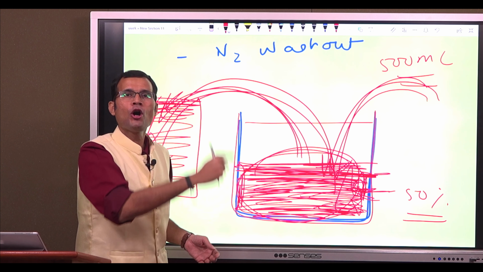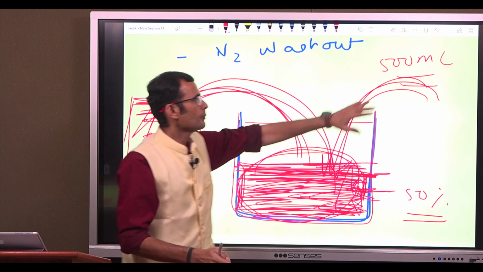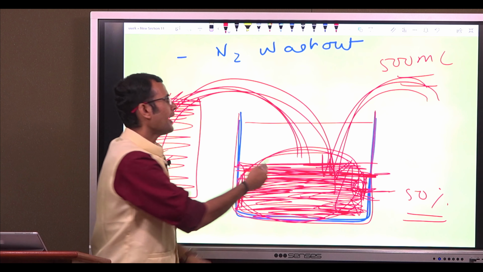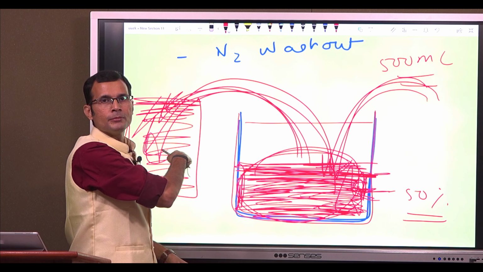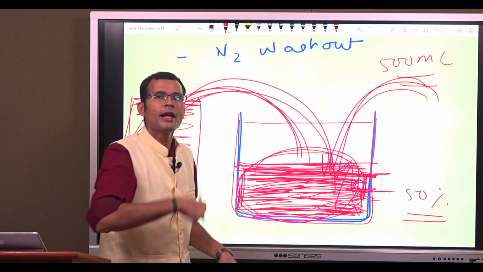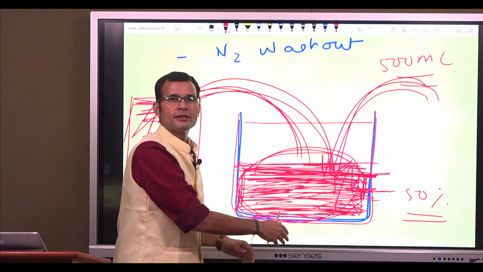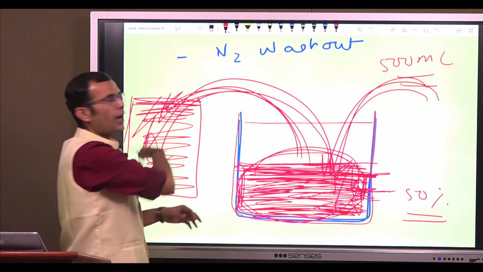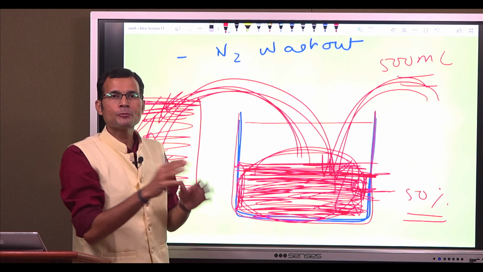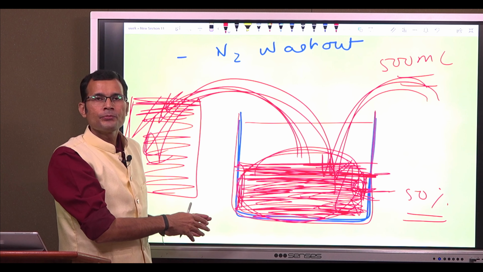So this will go on, and you can see here it is an open circuit method, as I mentioned. It's not a closed circuit. The patient is inspiring from somewhere and exhaling out into the other system. So it's an open circuit method. With each breath, oxygen is going in, and whatever nitrogen was present is coming out into the bag. Eventually all the nitrogen that was present in the residual volume will come out into the bag.